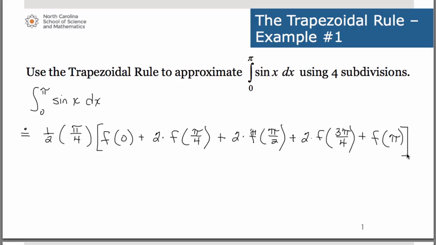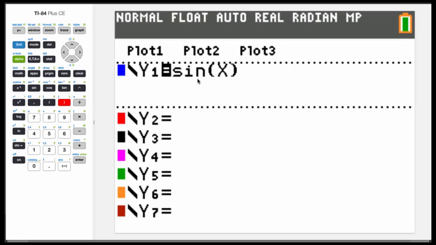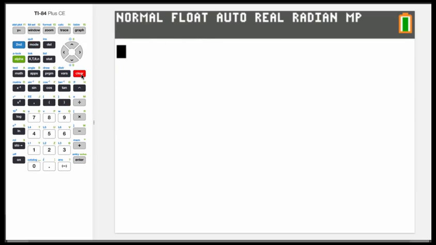Now you're going to want to evaluate this using your graphing calculator features. Under y equals, you'll want to put sine of x, and then we're going to go back to our quit screen, second mode. Let's just focus first on the calculations of f of 0 plus 2 times f of pi over 4, etc. So we want to tell the calculator to evaluate that function at 0 first.